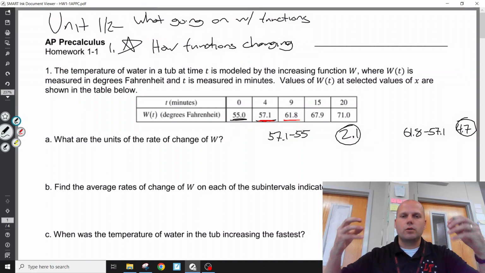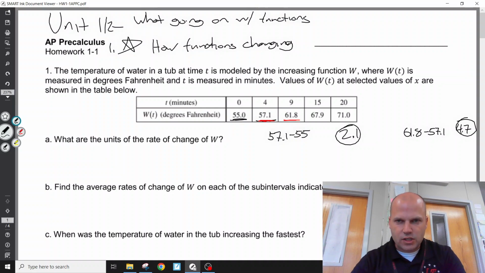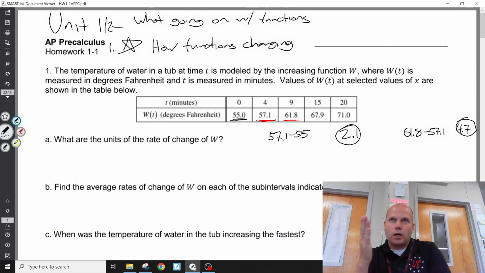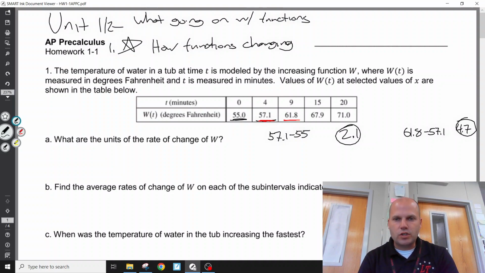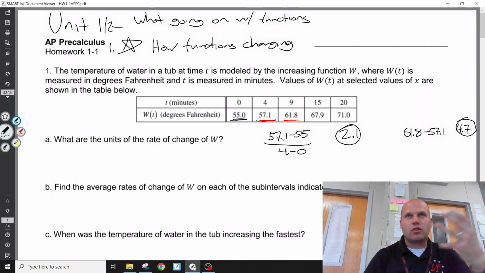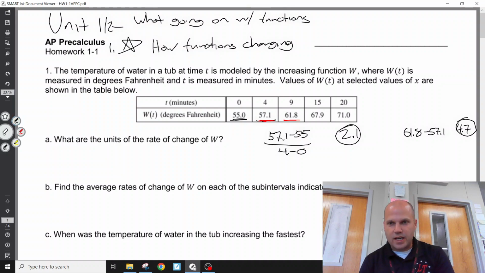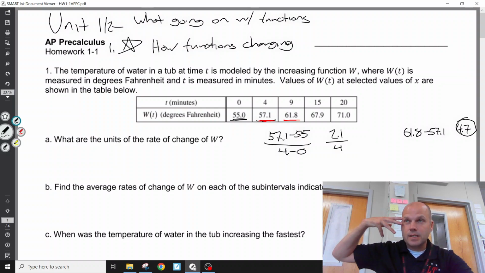What we are going to do is find rates of change, a specific amount of increase per X, or amount of increase per input. So we don't just subtract the top, we divide it by the interval in which we did that increase or decrease. We increased 2.1 Ys, but over 4 minutes.